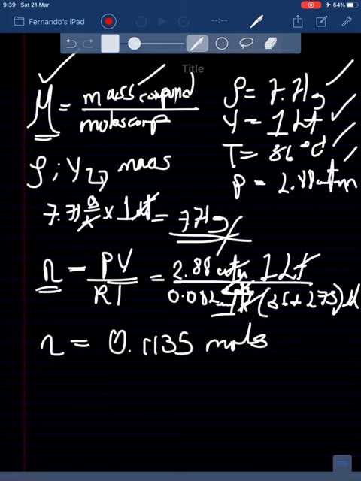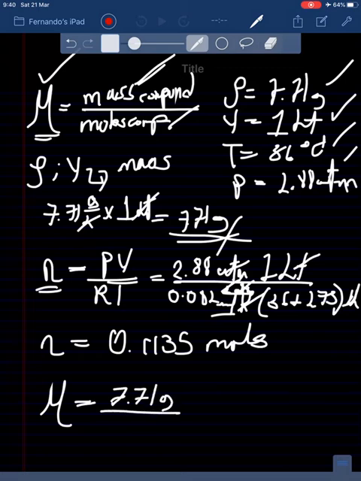Very well. So look at this. What do I get after this? If I set the molar mass as the mass of the compound over the moles of the compound, I can immediately bring some numbers to this definition, and I will have 7.71 grams over 0.1135 moles.